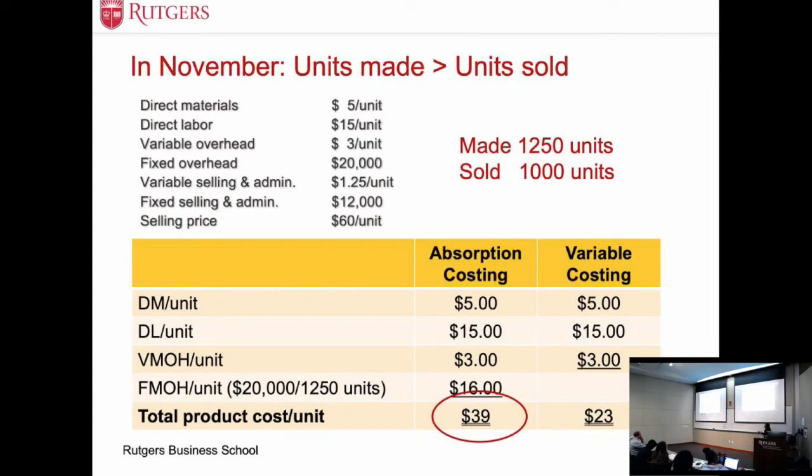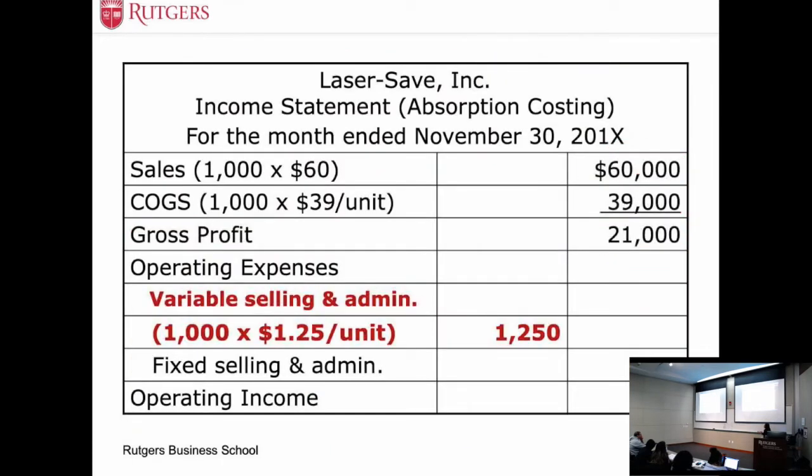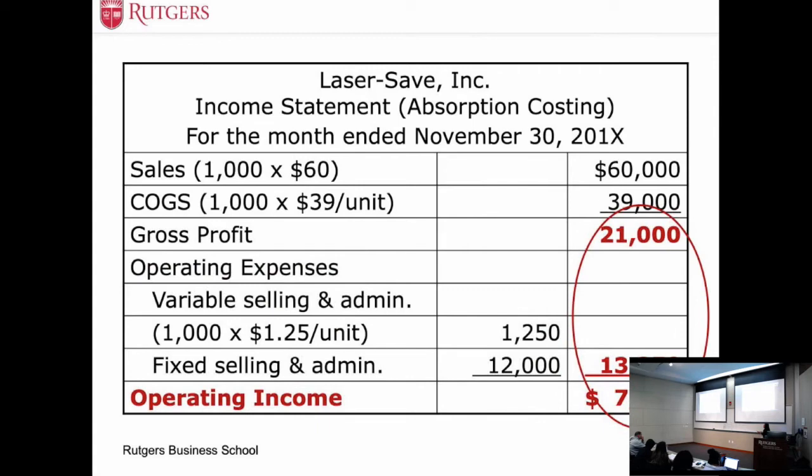That we just calculated. And then the other procedures are the same. But now the operating income is 7,750, right? So which is bigger than the one that we calculated before, which is 3,000 something, right?